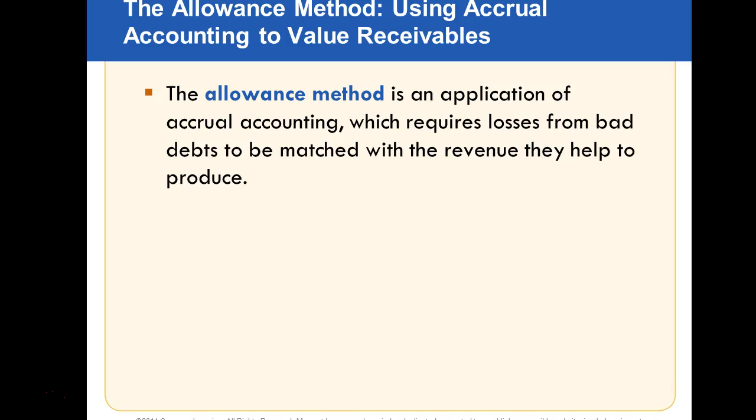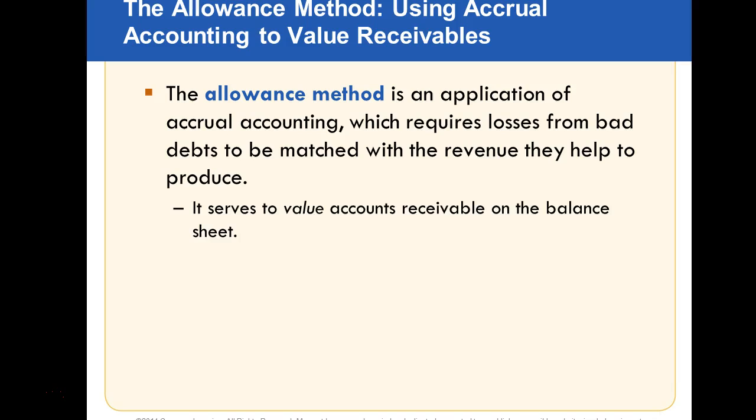We know based on historical understanding that a certain amount of our income isn't going to be collectible. So that's why we want to match those bad debts we know we're going to get with the income we earned during the time.